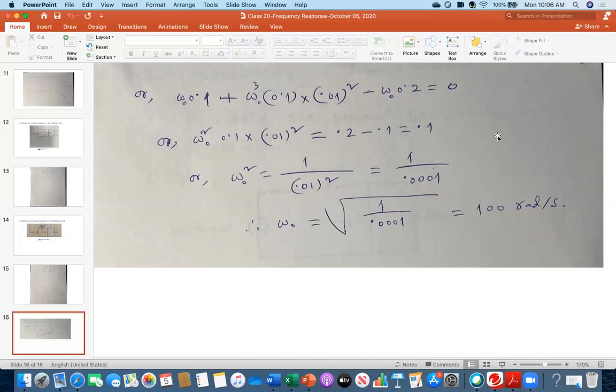All right, I got it. I got 100 radian per second. Therefore, if you have got the second line, then you should be getting the third line.